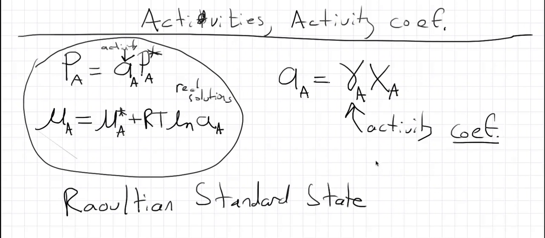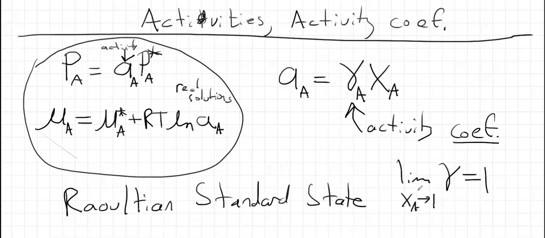All right, one last thing I want to say before we move on is that we said on the previous slide that as we got more and more pure, we followed Raoult's law more closely. Actually you could just rewind this to see this. Well, if that's so, we can say the limit as the concentration goes to 1 of the activity coefficient is going to be equal to 1, right?